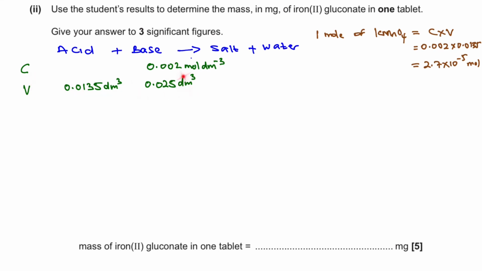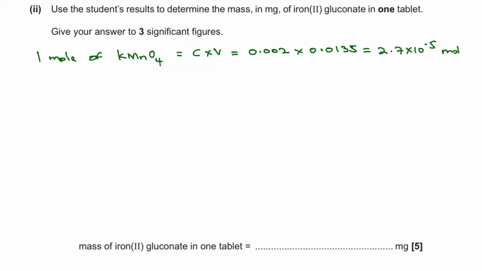The concentration of the base, which is potassium permanganate, so we're going to use 1 mole of potassium permanganate, that's KMnO4.